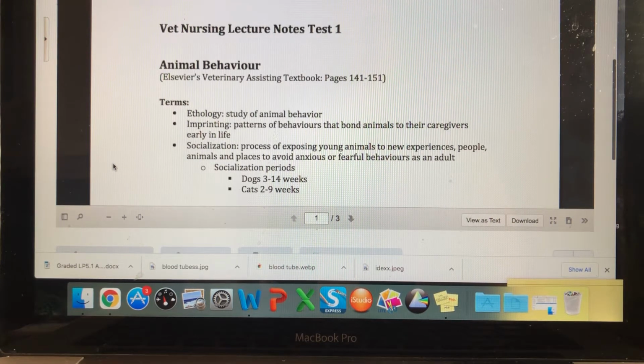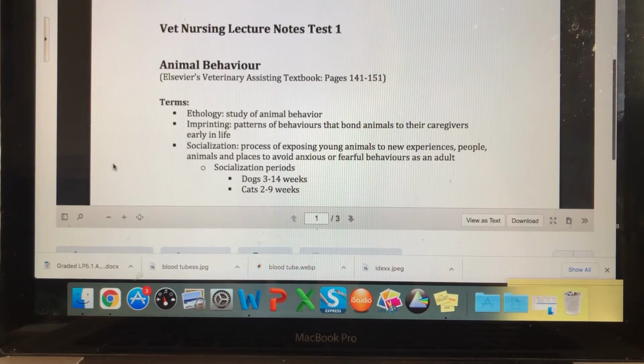So the socialization periods that are most important for dogs, it's typically between 3 and 14 weeks. Cats, it's between 2 and 9 weeks. So most often animals that are going to a new home from their breeder or a shelter environment, typically you're not able to take home cats or dogs that are younger than 8 weeks.